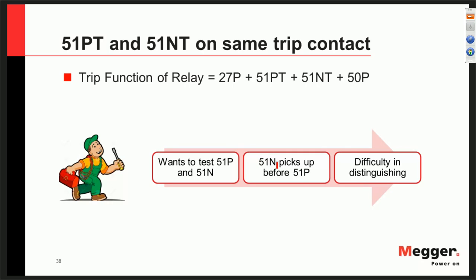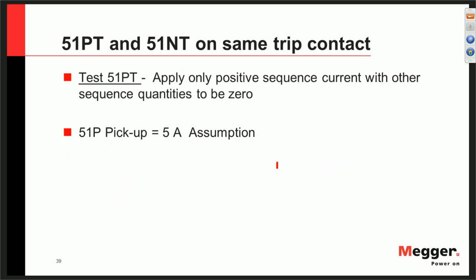It's measuring the neutral flow of current, neutral current. There is no neutral current because I am only supplying positive sequence current. There will be no operation of the 51N T element. So I can reach the conclusion for 51 PT.